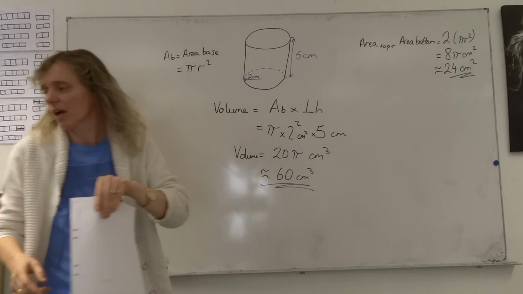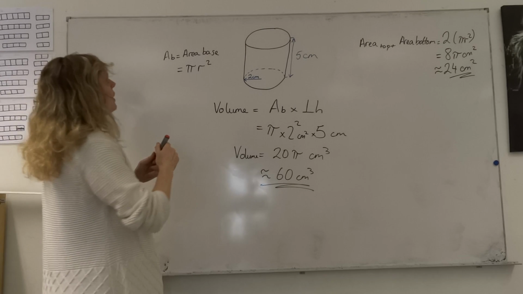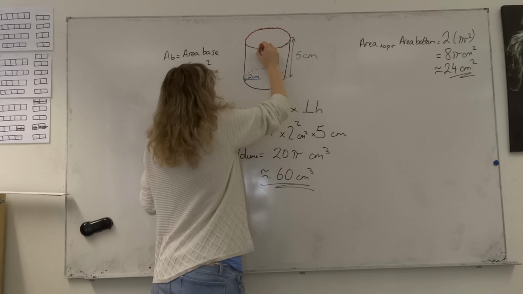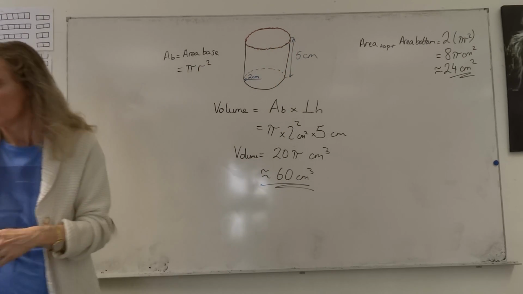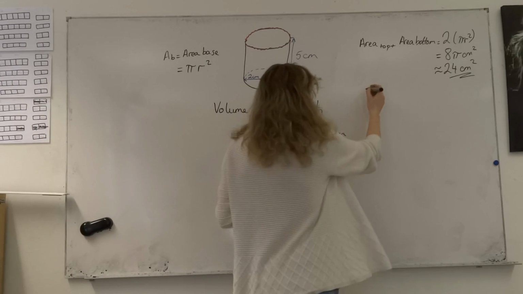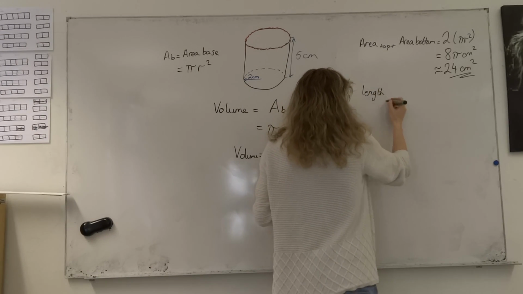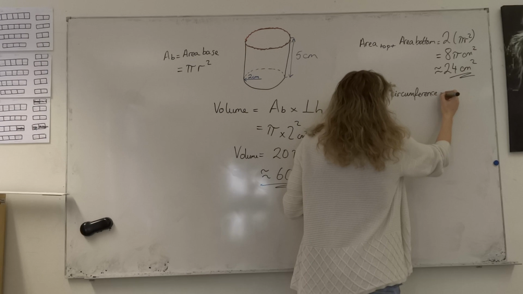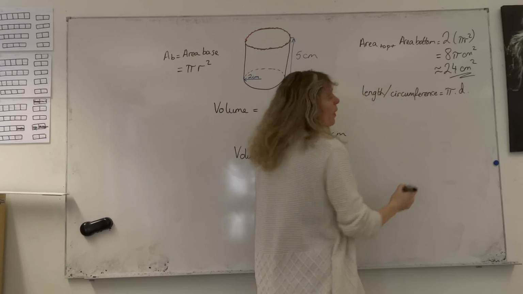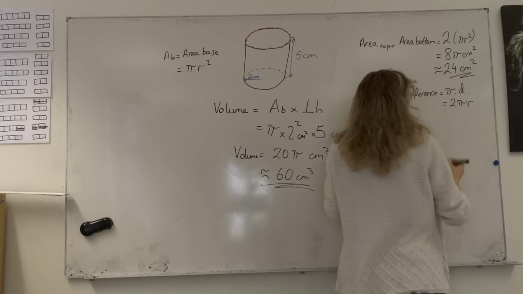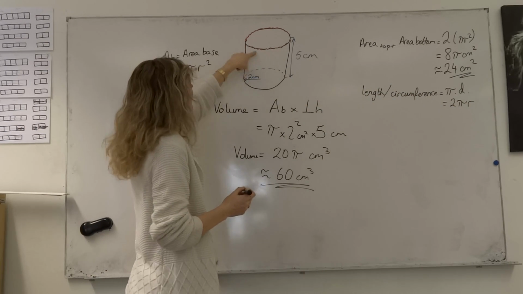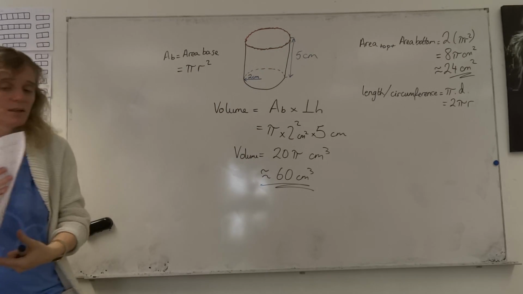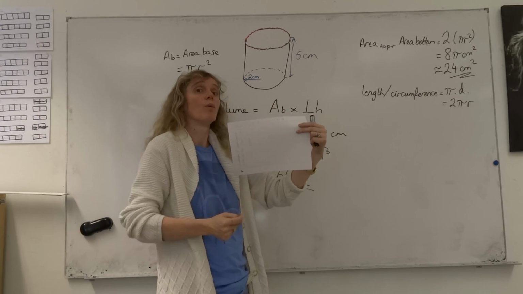and it has a length, and the length of that piece of paper we can calculate because we do know what the length of the outside circumference of a circle is. We know that the circumference of the circle is just pi times the diameter, or 2 pi r. 2 times pi times the radius gives us the length of the outside of a circle, which is the same as the length of our rectangle when we're working out the surface area.